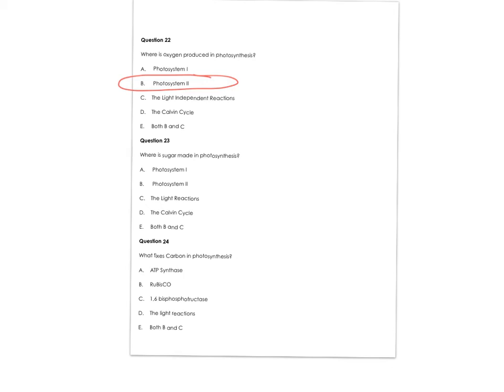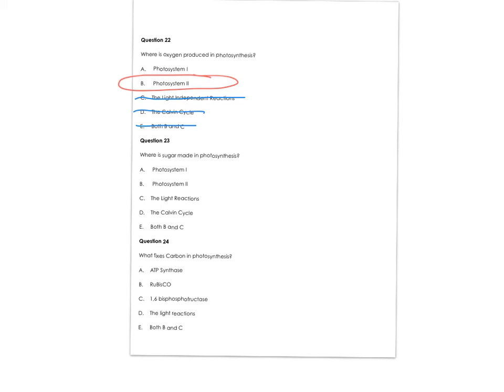So it's not these light independent reactions, the Calvin cycle, and therefore it's not B and C. The only change I made to this question from the previous exam that I went over with you is that I changed light dependent to light independent. Light independent is the opposite of light dependent, so C can't be an answer. Previously it was both B and C, now it's just B. All right.